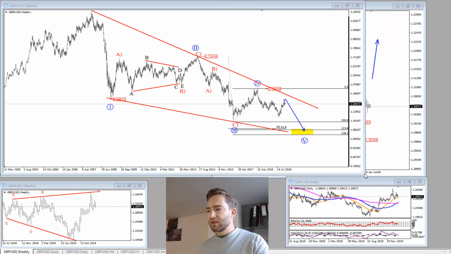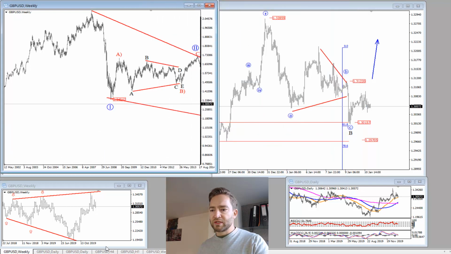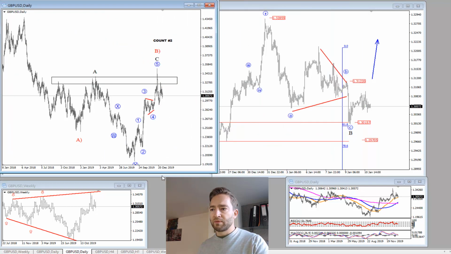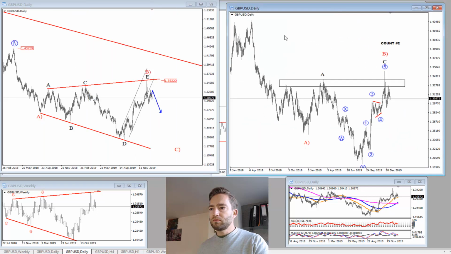So I'm thinking that cable is at the perfect resistance, and I have 2 wave counts to confirm that. The first wave count shows that this wave B, which is part of this wave 5 down, since I said 3 waves of decline should be seen on a wave 5, could be an expanding triangle.